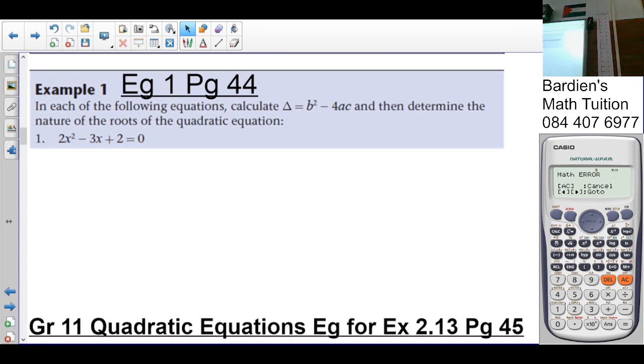In each of the following equations, calculate delta, which is b squared minus 4ac, and then determine the nature of the roots of the quadratic equation.